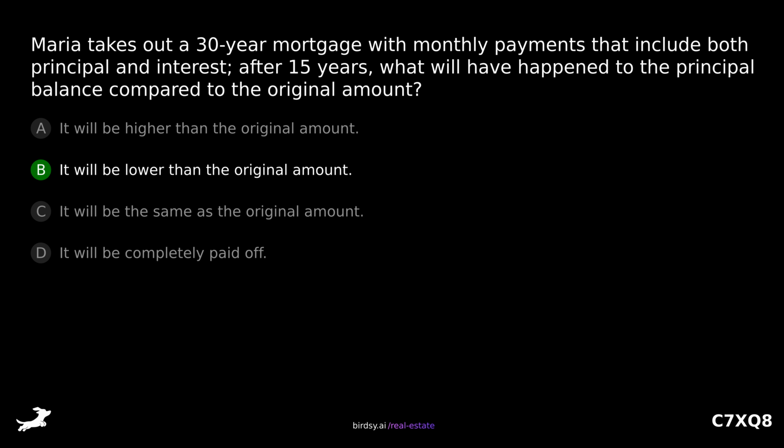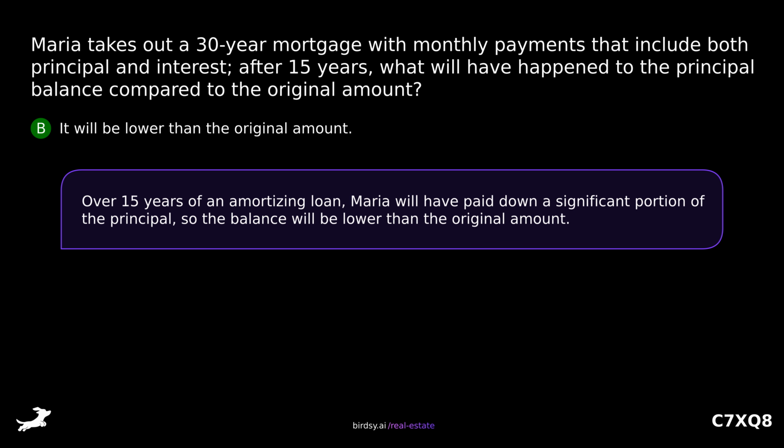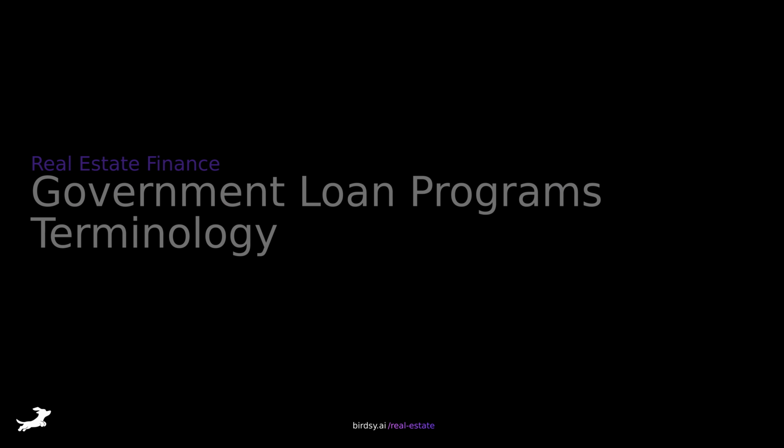The correct answer is B. It will be lower than the original amount. Over 15 years of an amortizing loan, Maria will have paid down a significant portion of the principal, so the balance will be lower than the original amount.